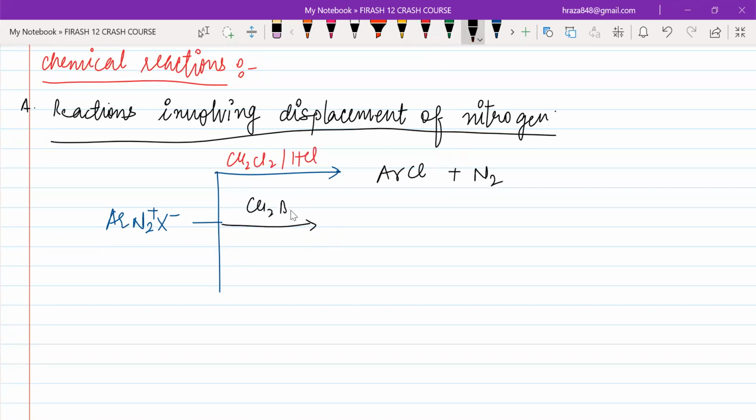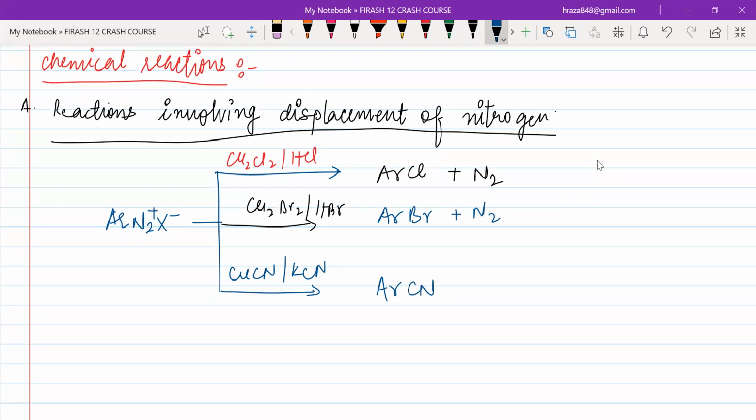If you do this with Cu2Br2 in the presence of HBr, it will be replaced by Br. And if you do the reaction with CuCN in the presence of KCN, the N2 will be replaced with CN. Here aryl means benzene. Are you getting my point?